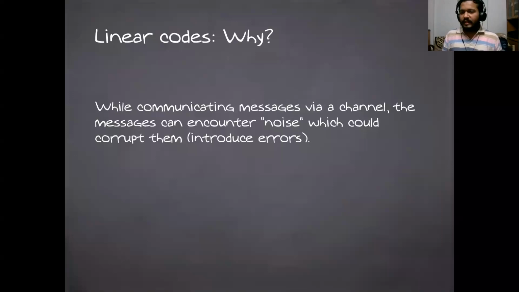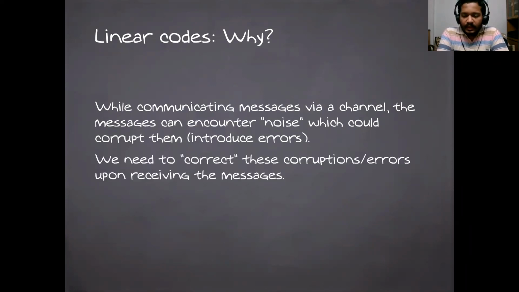Our assumption is that we have no control over these corruptions. So what do we do at the receiving end? We would like to know what message has been sent, so there has to be some way of correcting these corruptions or errors upon receiving these messages.